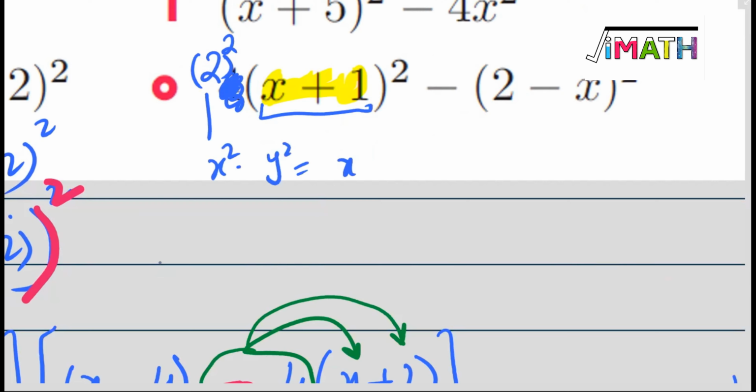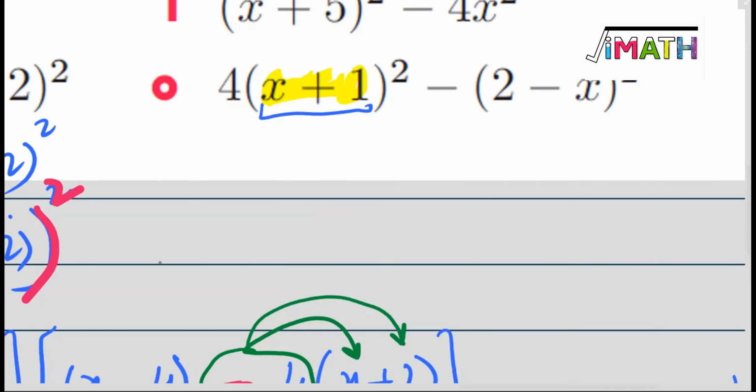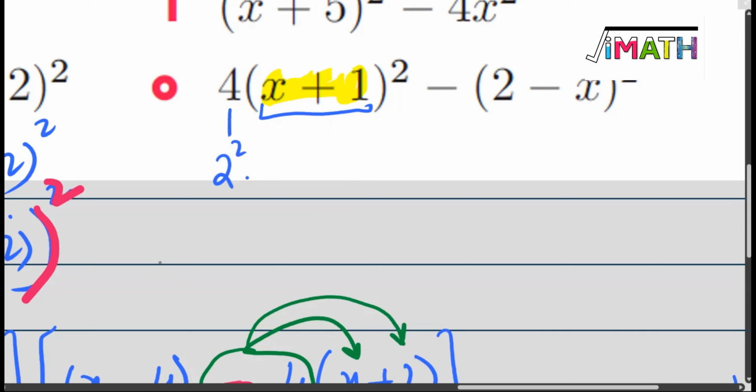Can you write it as xy whole square? Yes. So we have something here that is 4 basically. So you write it as 2 square, you can call it x square, and x plus 1 is your y square, right?